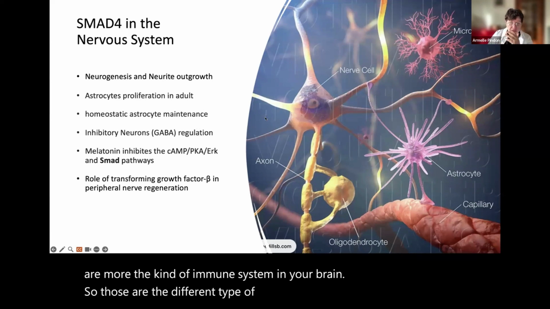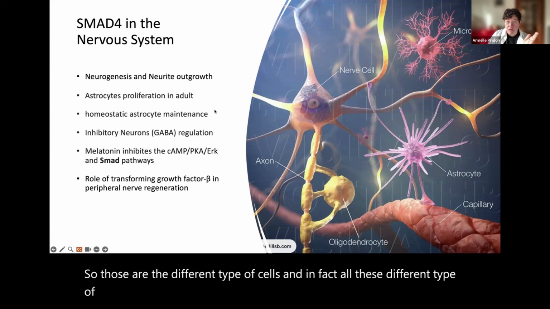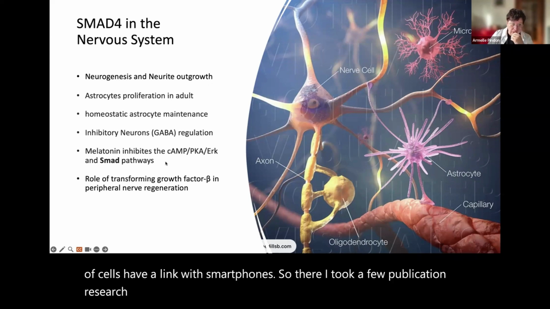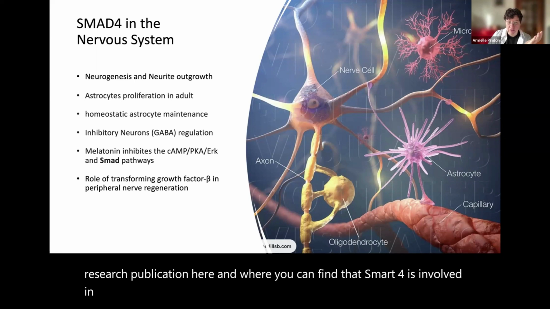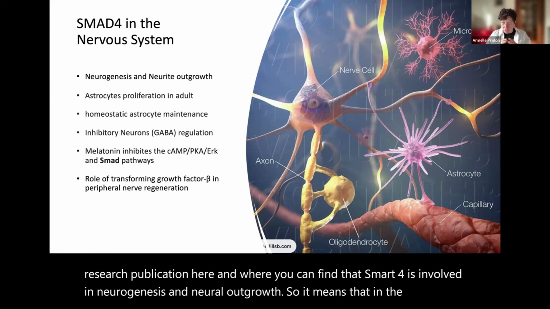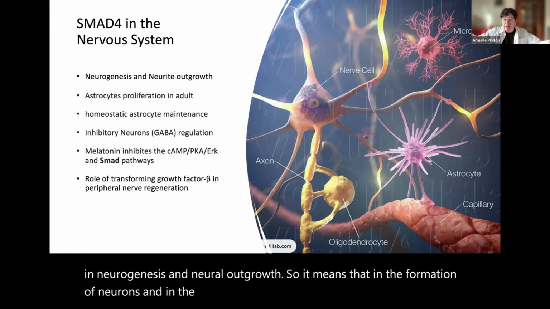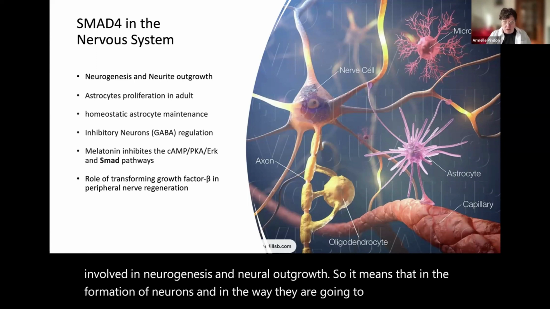In fact, all these different types of cells have a link with SMAD4. I took a few research publications here, where you can find that SMAD4 is involved in neurogenesis and neural outgrowth. That means in the formation of neurons and in the way they extend their arms, if you want.